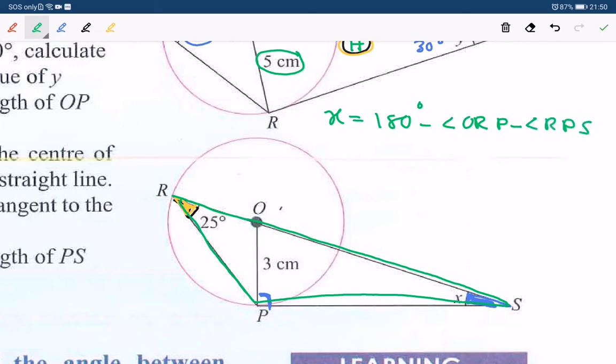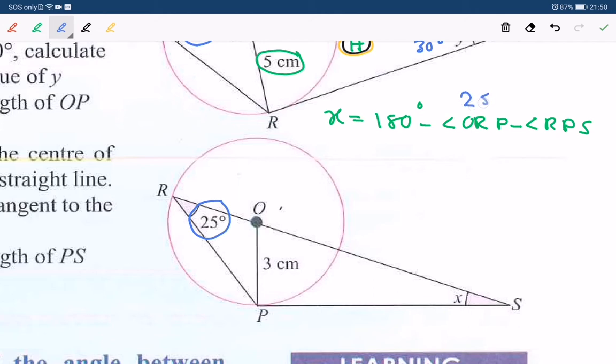We already know ORP, it's given. ORP is 25. So we need to find this one.